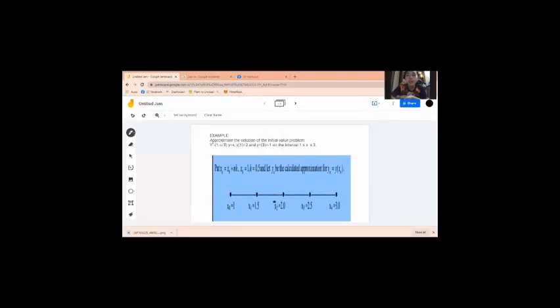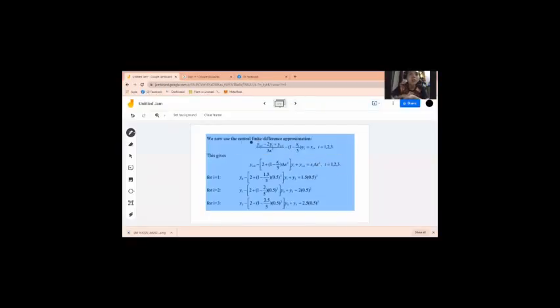The nodes are equidistant, meaning the distance between each other is equal, which is 0.5, given. So x sub 1 is equal to 1.5, x sub 2 is equal to 2.0, x sub 3 is equal to 2.5, and x sub 4 is equal to 3, which is also given. So what we need to find are the three unknowns, since the first and last are already given.